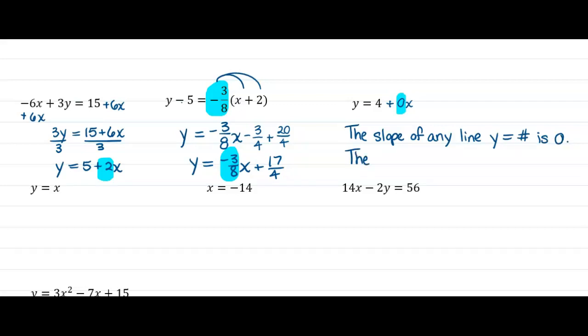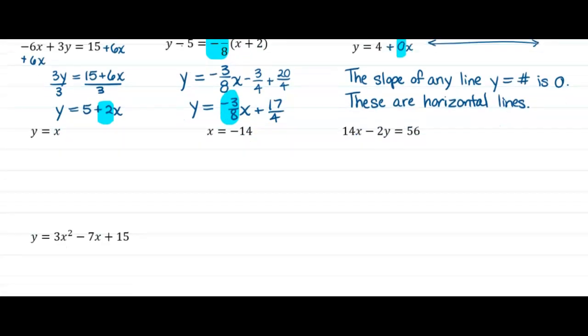These are horizontal lines. If we were to graph this line, it would be straight across left and right at y equals 4. The slope is 0. There is 0 slope.